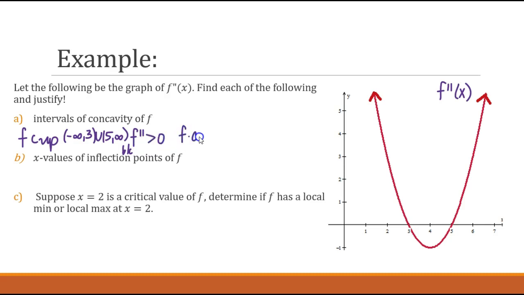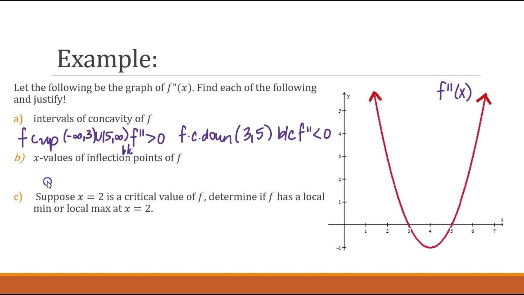So that means that f is concave down wherever f double prime is below the x-axis. F double prime is negative. So that's from 3 to 5 because the second derivative is negative there.